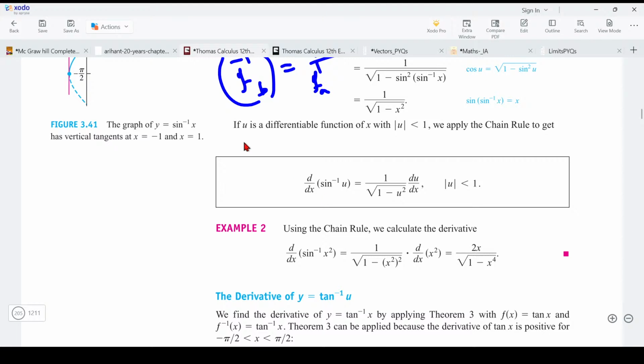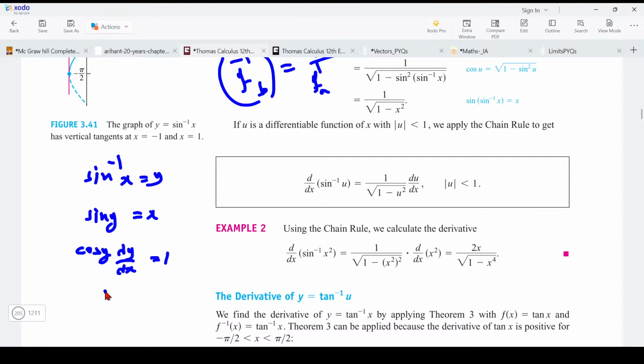Understood this? How we got 1 by under root 1 minus x square. Or otherwise, let's say sin inverse x equals y. What does that mean? Sin y equals x. Let's try implicit differentiation. Cos y dy by dx equals 1.